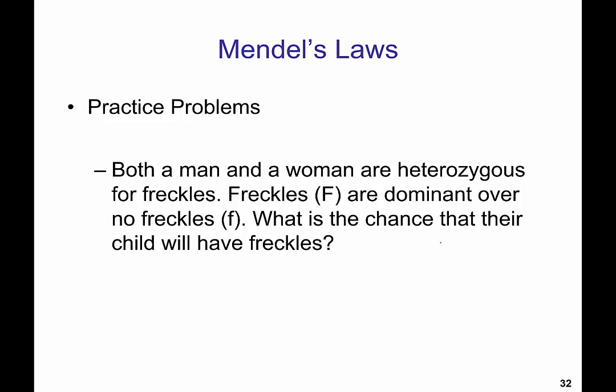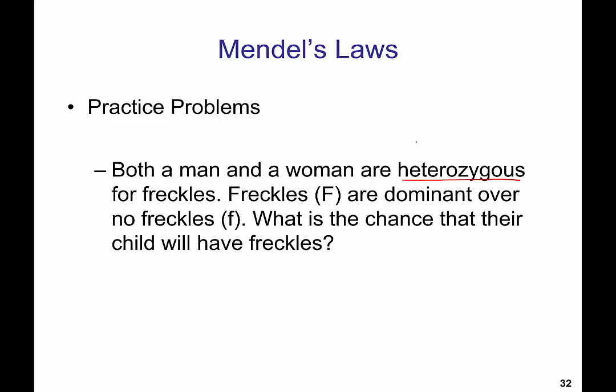Let's try some practice problems. Both a man and woman are heterozygous for freckles. Freckles are dominant over no freckles. What is the chance their child will have freckles? So first, we have to figure out what information is given. So the parents are heterozygous. Hetero means different.